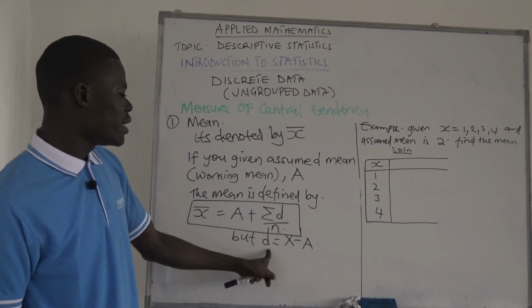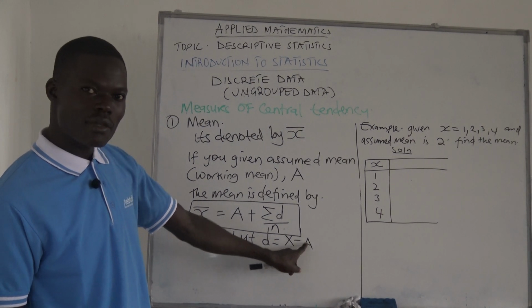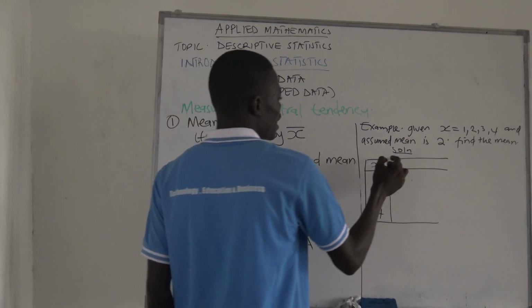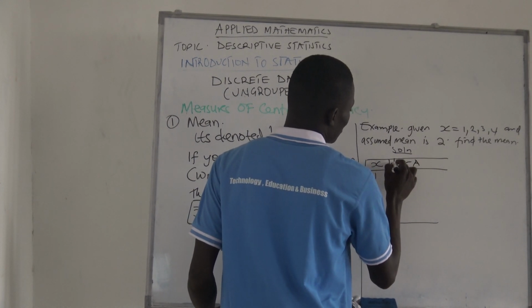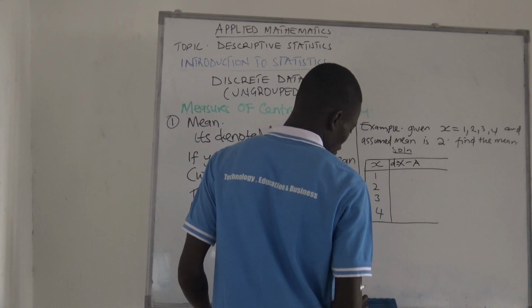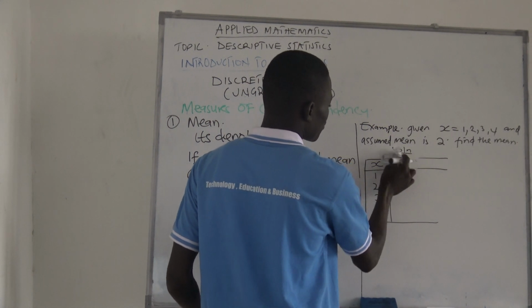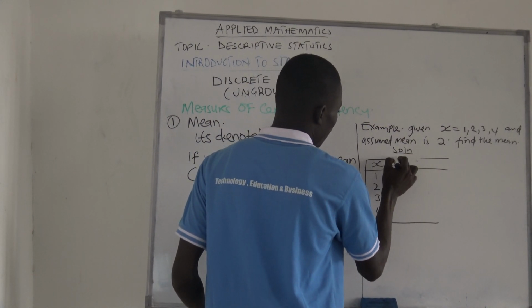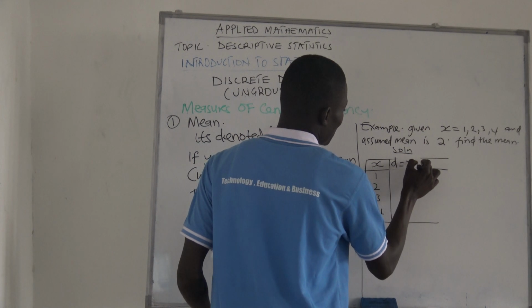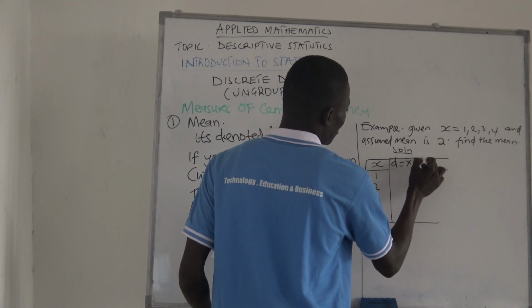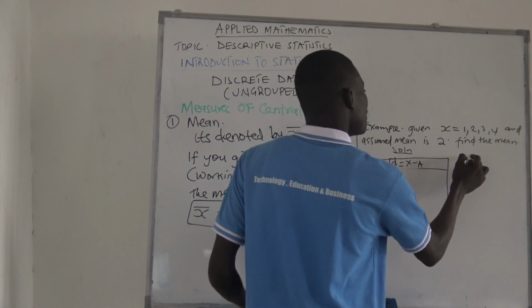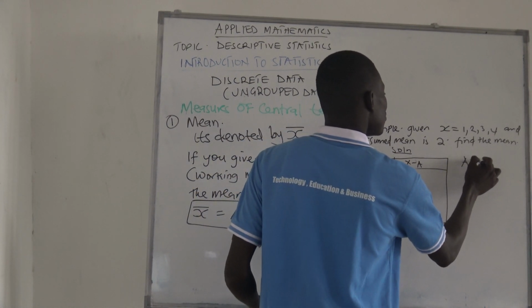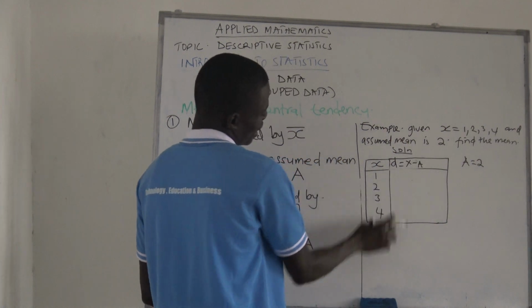We want to get d, which is given by x minus a. Here we can have x minus a, which is d. Our d equals x minus a. But we know that our a equals 2, then our x are here.